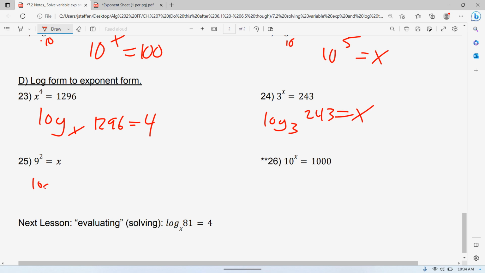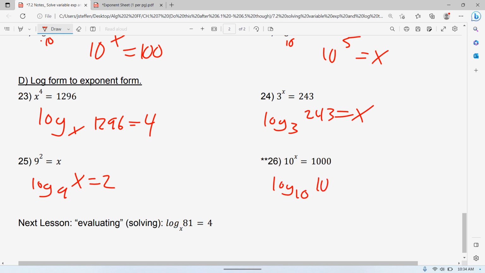Now log base 9 of x is equal to 2. And number 26, I have this starred, because you don't have to do anything special with this one. You can do whatever, I mean, don't just put like 7, that's wrong. But you can put log base 10 of 1,000 is equal to x.